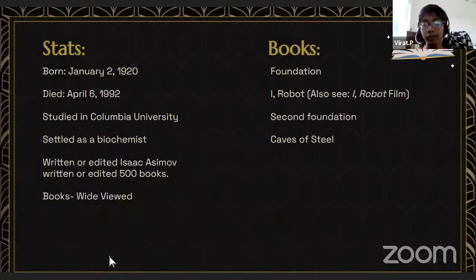Now, his books include Foundation, which is actually a series. There's Second Foundation, Foundation and Earth, and there are many more to the Foundation series, so I suggest you also check that out. And then I, Robot.